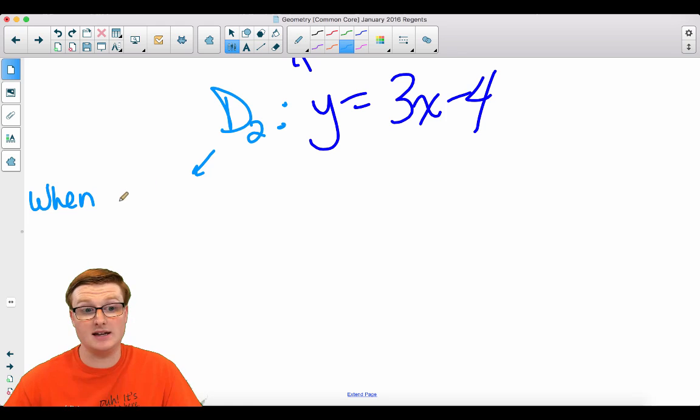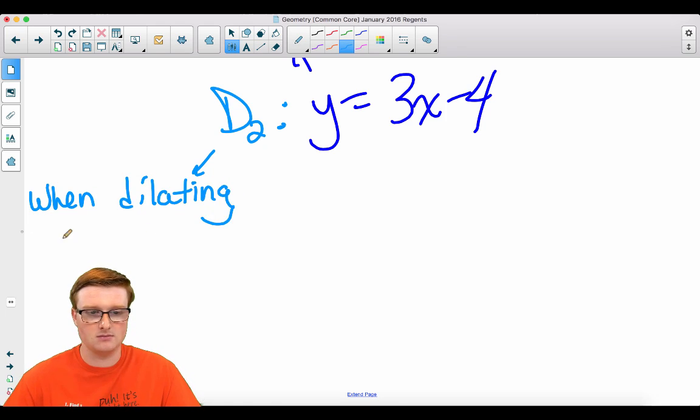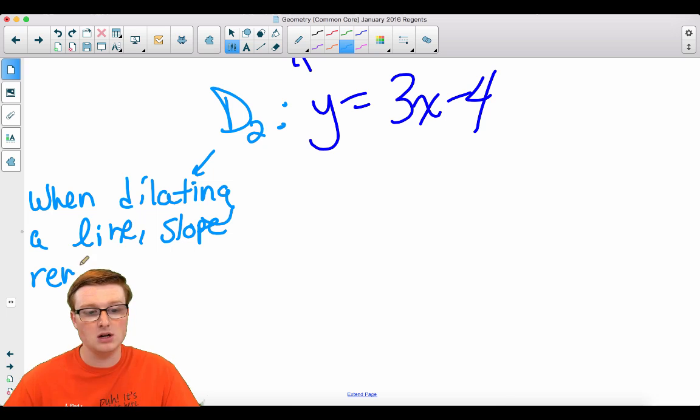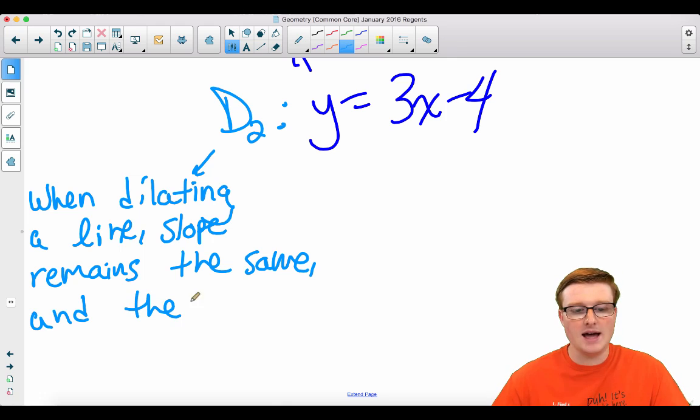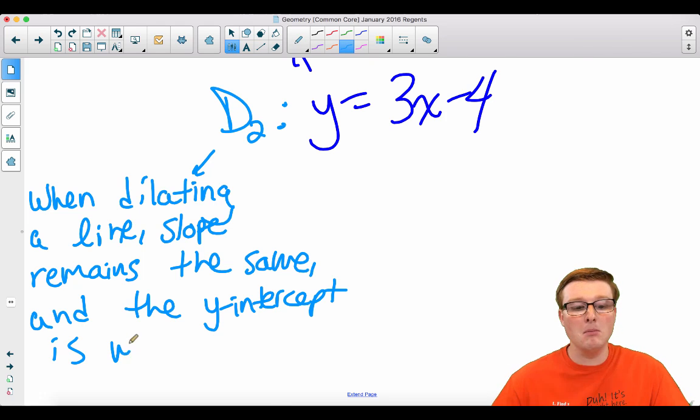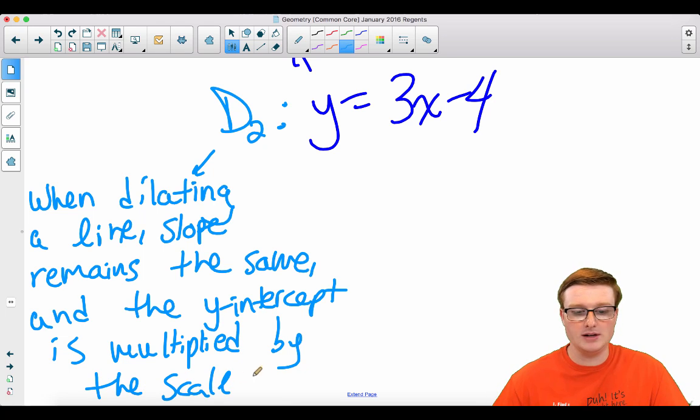When dilating a line, the slope, which is your m value, remains the same, and the y-intercept, which is where the line crosses the y-axis, is multiplied by the scale factor. That's important here.